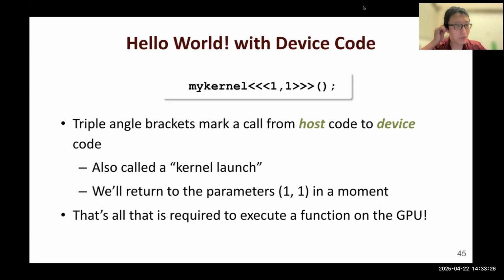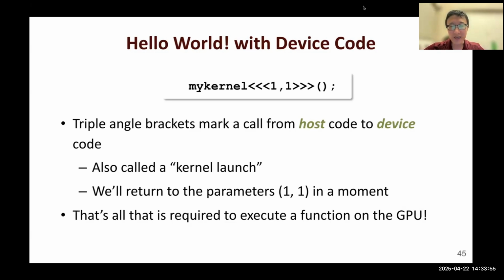Compared to a traditional, standard function call, you have these triple brackets. That's the major difference. The 1 and 1 is a so-called kernel configuration. That's how you tell the CUDA runtime how many threads you want to run, and what the layout of the threads is when you run your job. We'll get into that in a moment.